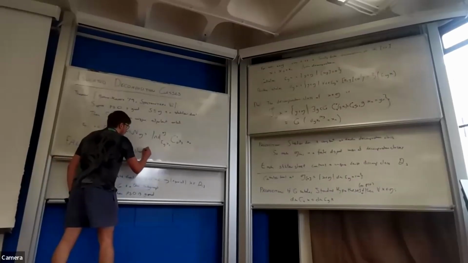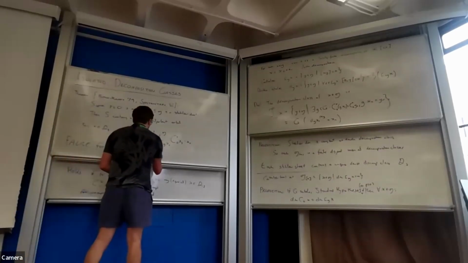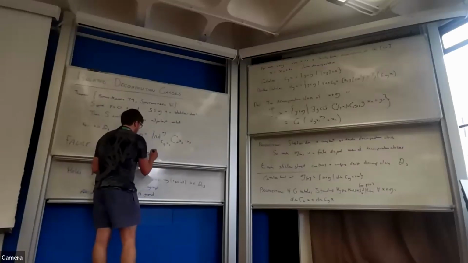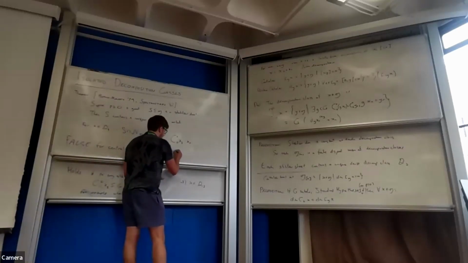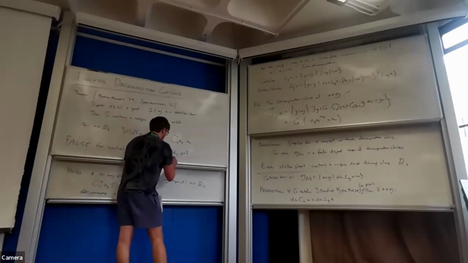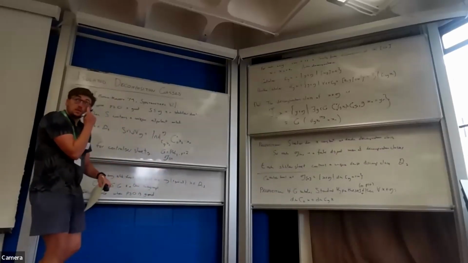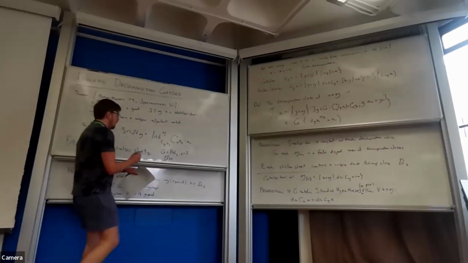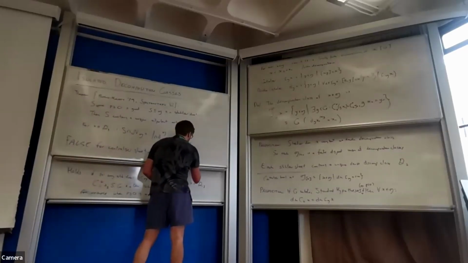Even in good characteristics. I won't go into the details, but if you consider G to be PGL2 in characteristic 2, then consider the centralizer level set of dimension 1, so everything that has centralizer dimension 1. This is non-empty, but contains no nilpotents.